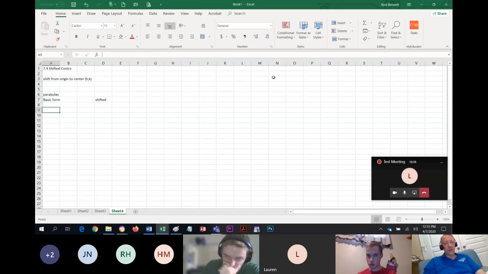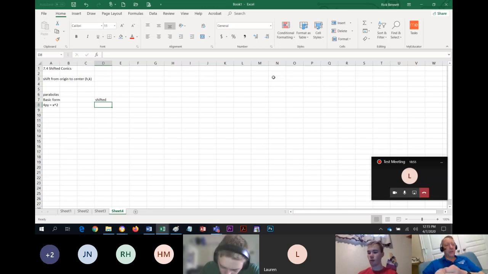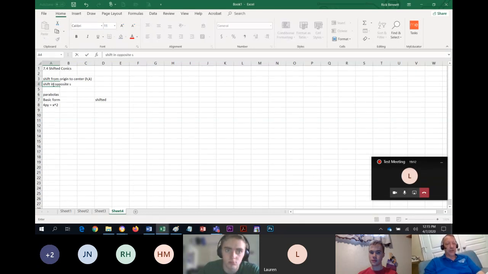The basic form of the parabola that we've been using in chapter 7 is 4py equals x squared. If we're going to shift it from the origin, we'll put the shift in the opposite sign.